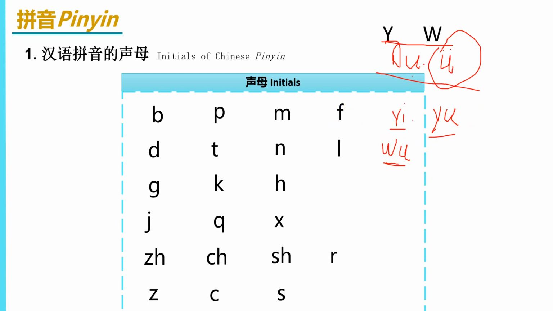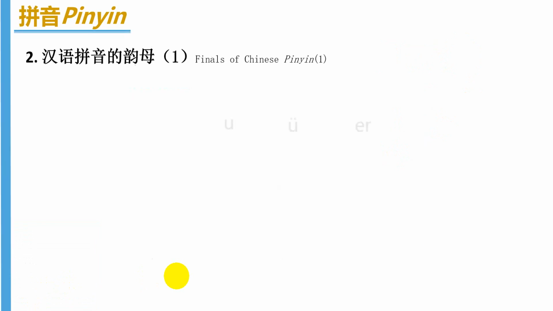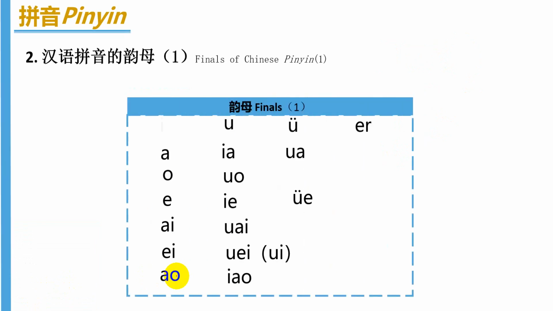Okay. Now this one is the initials. So next is the finals. Now we can see the finals here. Did you remember how to read? Yeah, try together. 一起读 the first. E. Yeah. U. Yes.